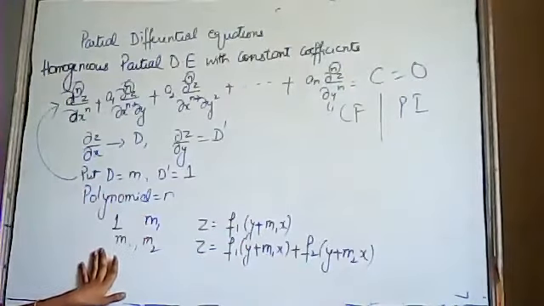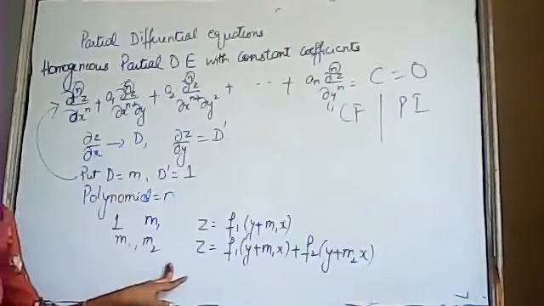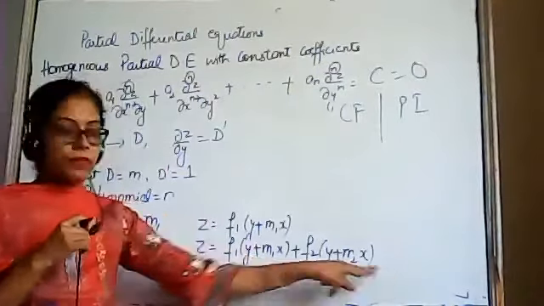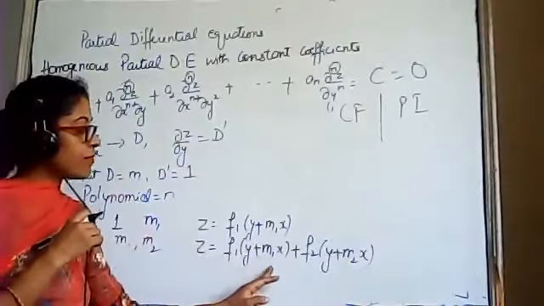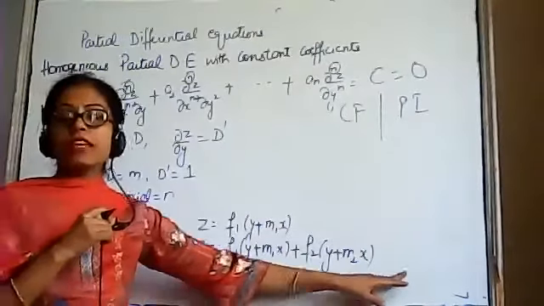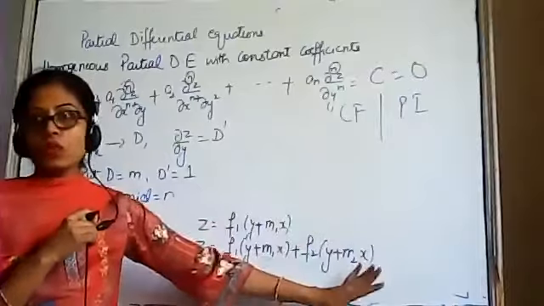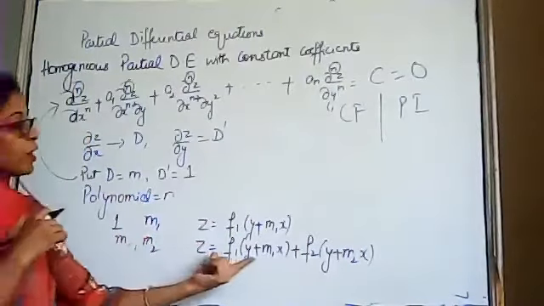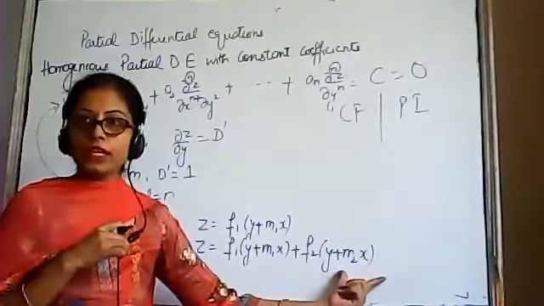If we get a cubic equation, we will have three roots m1, m2, m3, and the solution will be z equals f1(y + m1x) + f2(y + m2x) + f3(y + m3x), and so on. The more roots the equation has, the more terms the solution gets.